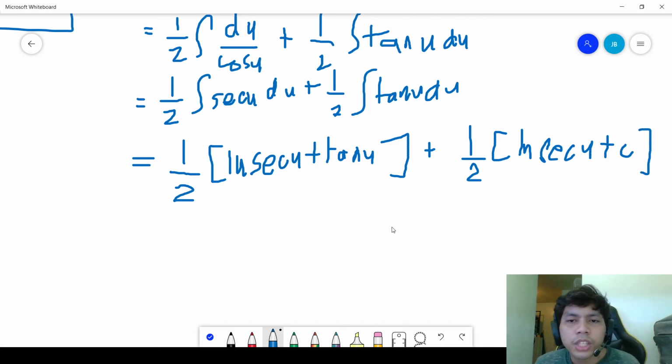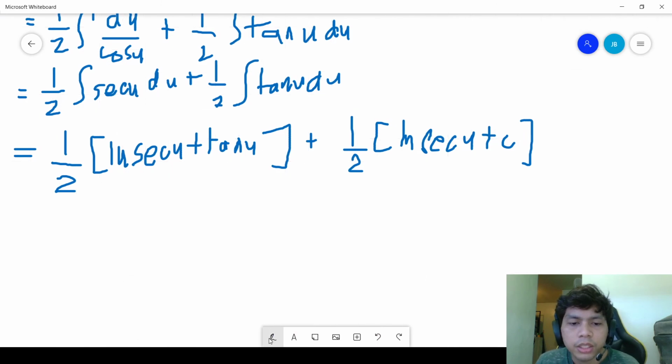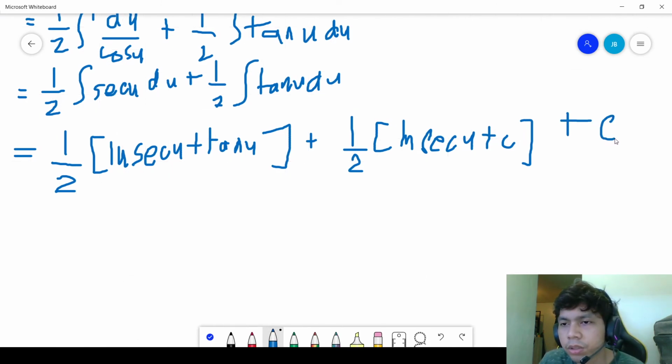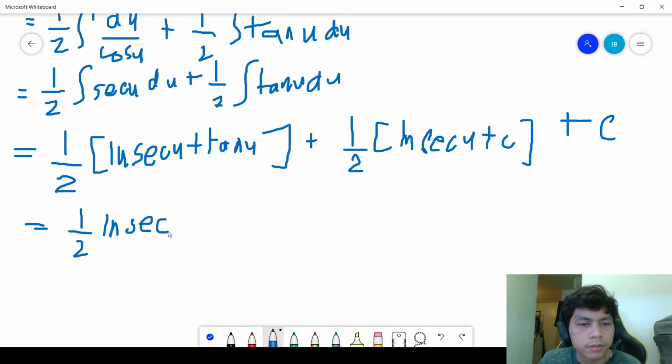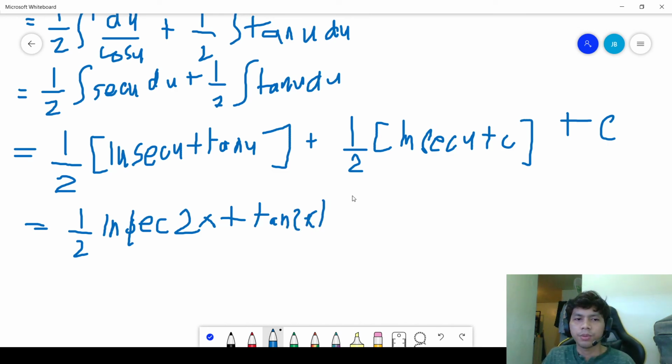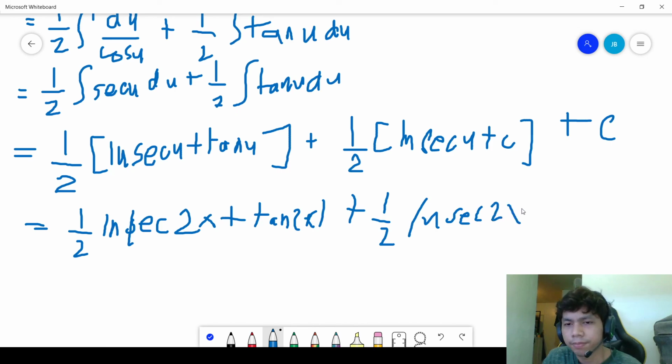Now we are going to change back to the original term. So you will have 1/2 ln of secant, where u is 2x, plus tan 2x, plus 1/2 ln of secant 2x plus c.